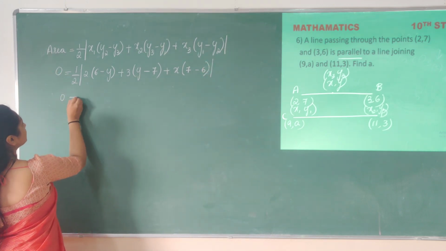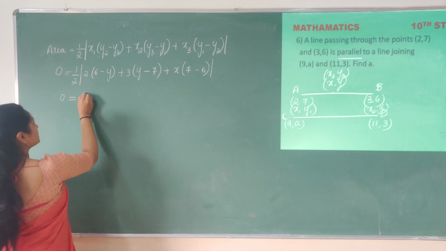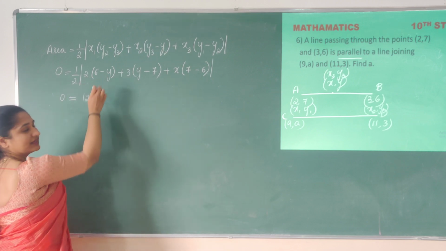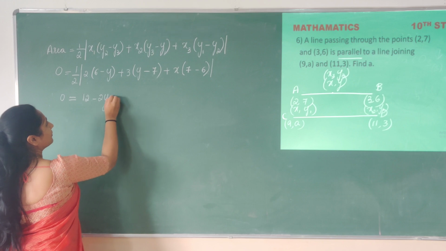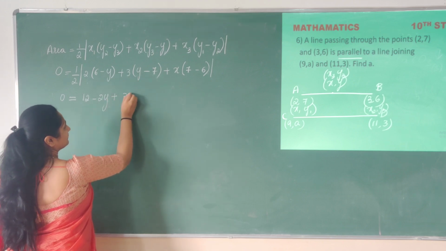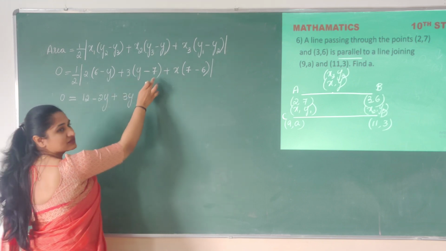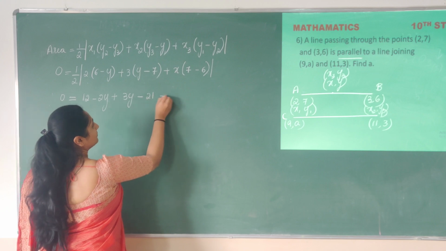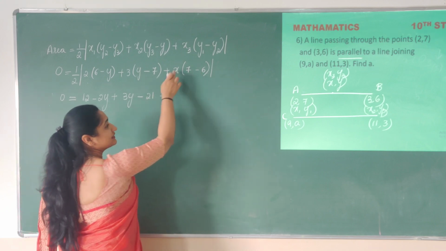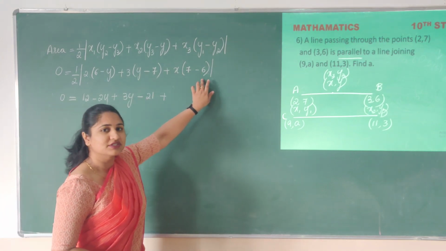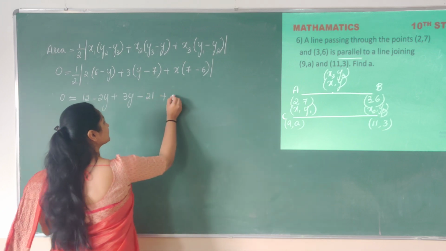So 0 equals 2 into 6, which is 12, minus 2y, plus 3y, minus 3 into 7, which is 21, plus, we'll simplify first, 7 minus 6 is 1, 1 into x, it is x.